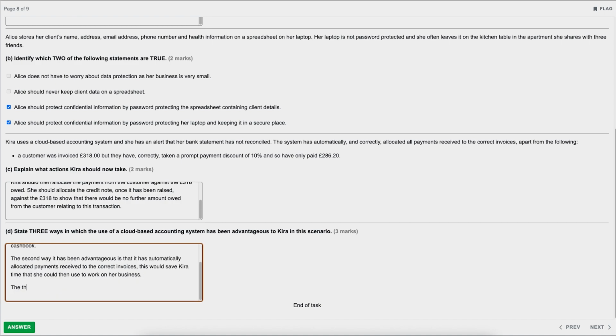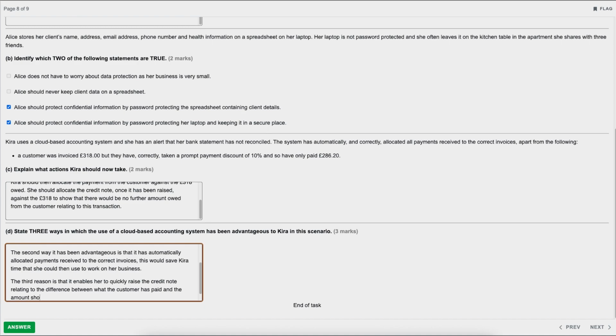So the third reason is that it enables her to quickly raise the credit note relating to the difference between what the customer has paid and the amount showing as outstanding.